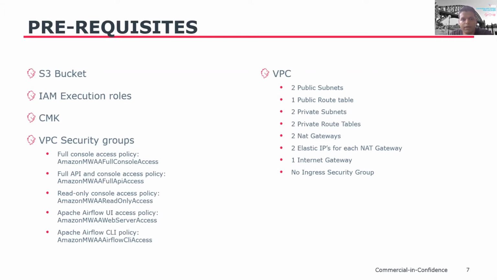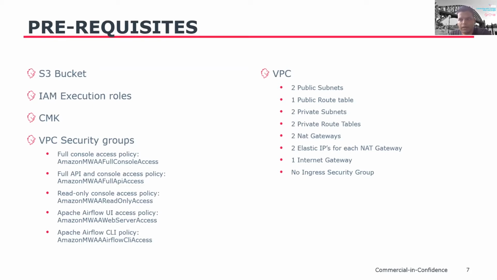The environment scans the S3 bucket to find the DAGs and render them. We would also need an execution role that allows the MWAA environment to access AWS resources in your environment. You can choose the default option, or you can create an execution role when you are creating an environment.